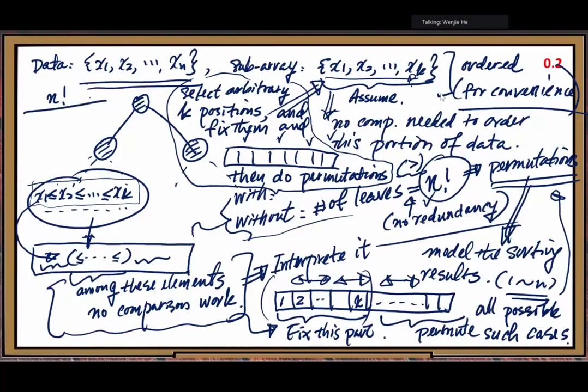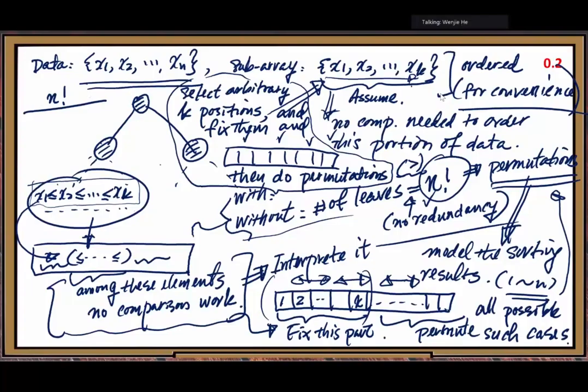there are k of the positions, there are k elements. The permutation of those k elements are treated as one case.